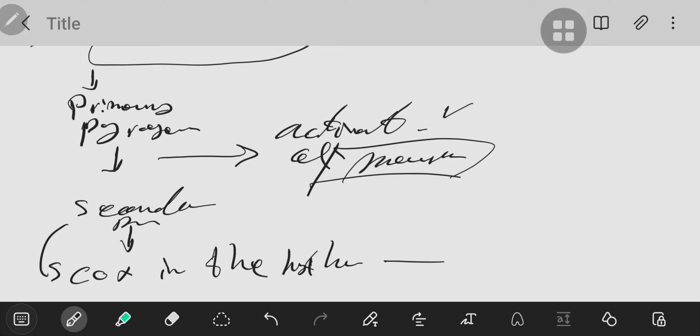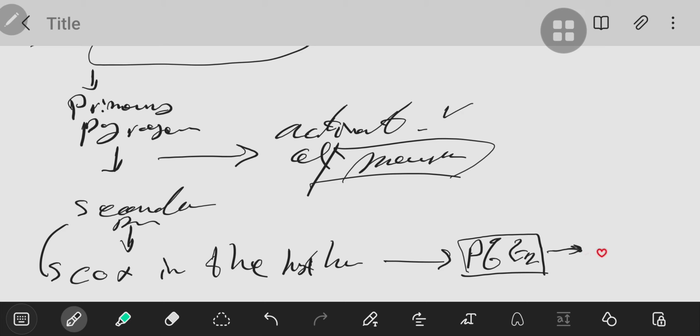The hypothalamus is the center of the fever. After that, it leads to something called prostaglandin, PGE2. This is prostaglandin activation. This is something important I'm going to mention at the end of our discussion.